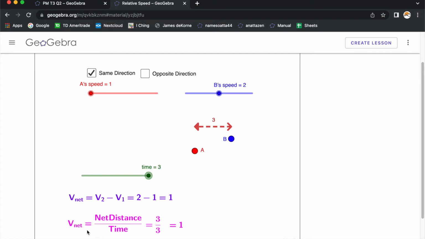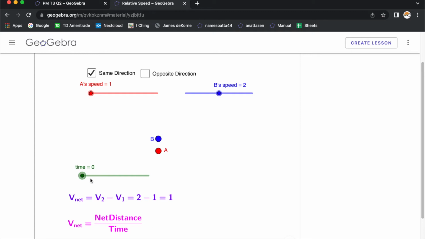You can see here the net speed is equal to the net distance divided by the time. When I increase the time, the distance between them also increases, and it always gives you a speed of 1. This can also be obtained by taking the speed of B minus the speed of A: 2 minus 1 equals 1.